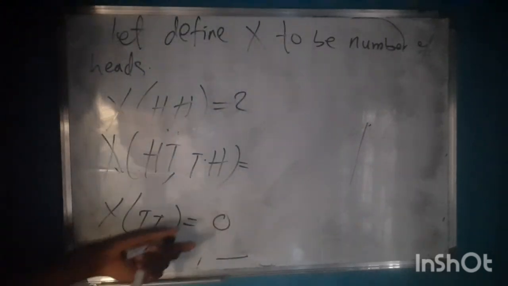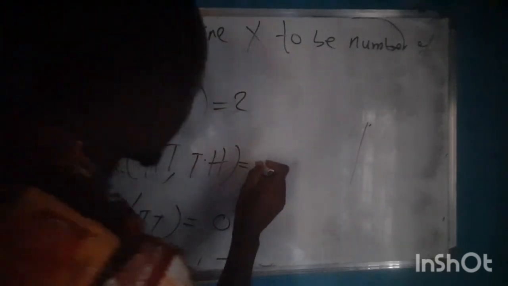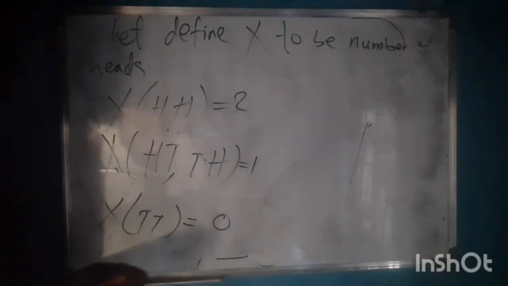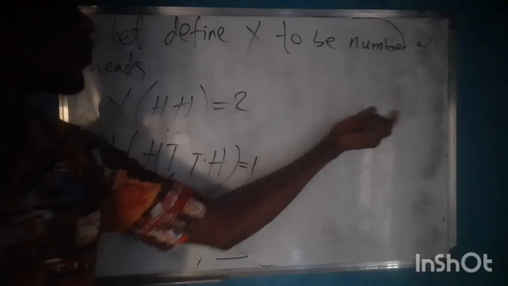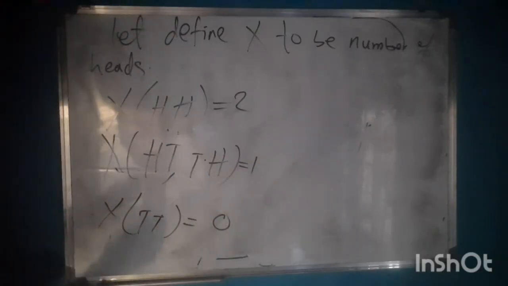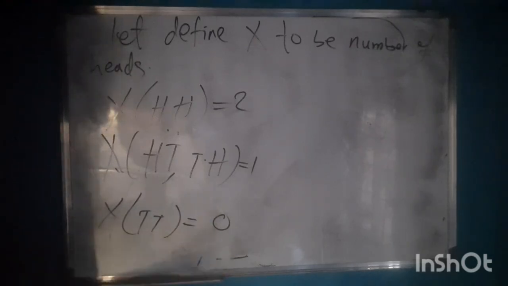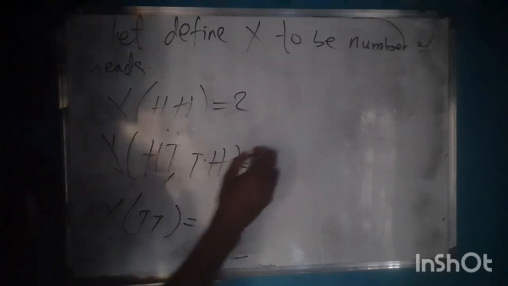So if we collect all these possible values, which are 0, 1, 2, that will give us what we call range. A range is the collection of all the values that a random variable can assume in an experiment. So we have our range R of X to be 0, 1, 2.